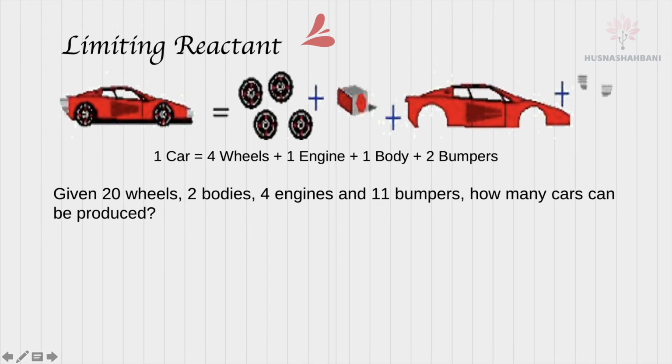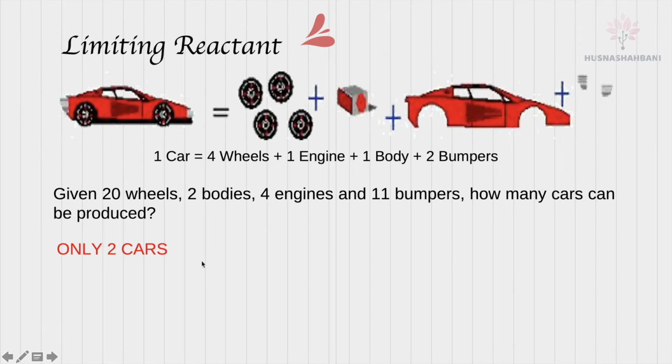I can give an example of limiting reactant. In order to produce 1 car, we need 4 wheels, 1 engine, 1 body, 2 bumpers. So given 20 wheels, 2 bodies, 4 engines, and 11 bumpers, how many cars can be produced?